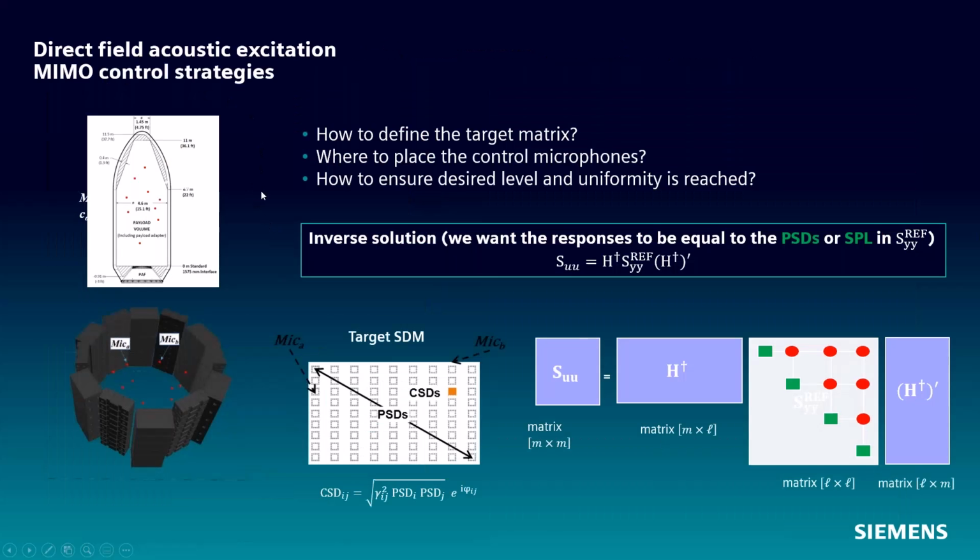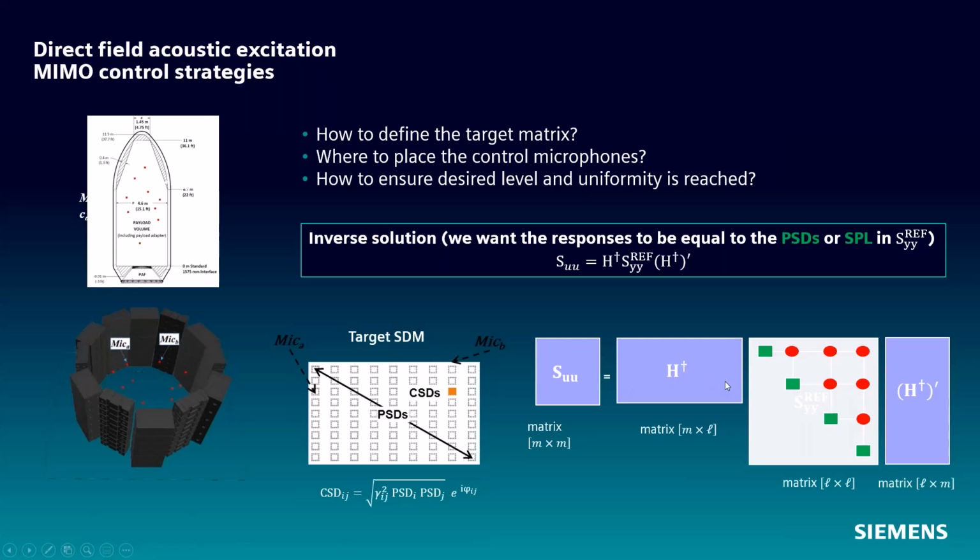Control strategy gets a little complicated here. We have this whole matrix solution that you have to invert in order to get the drives that you need. So this matrix has PSDs along the diagonal and then coherent spectral densities in the off-diagonal terms here.